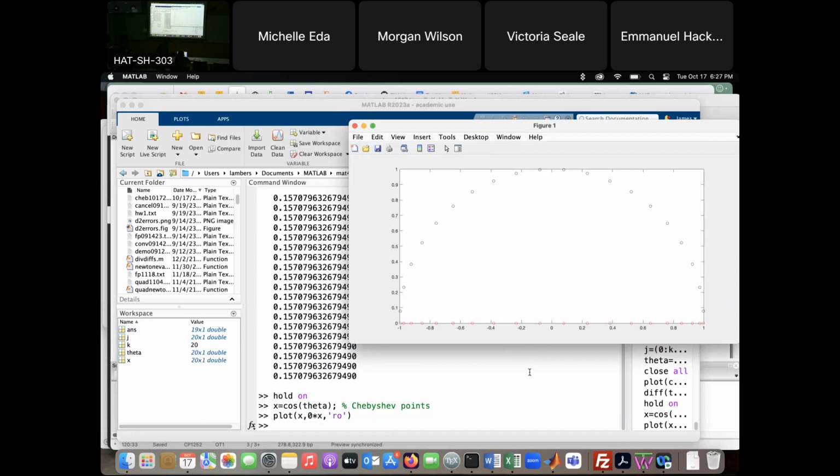Okay, close the window. Use the up arrow, go back to your commands, and find the first plot command.